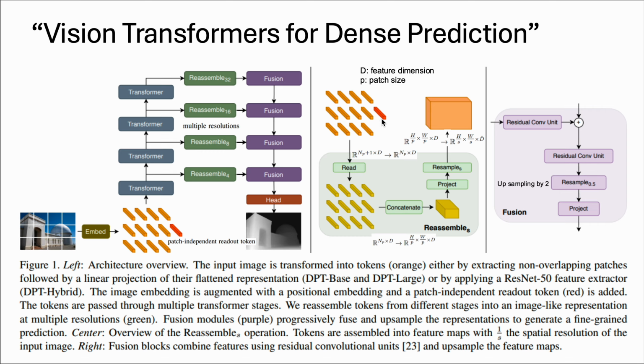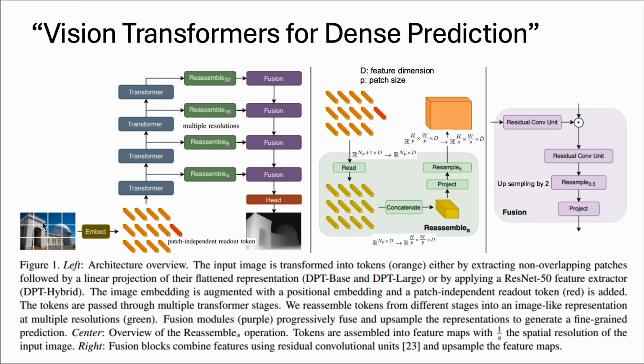That means the CLS token was absorbed into the transformed image tokens. Then these image tokens were concatenated and reassembled.